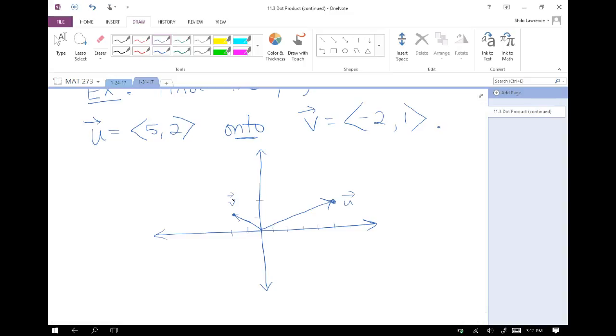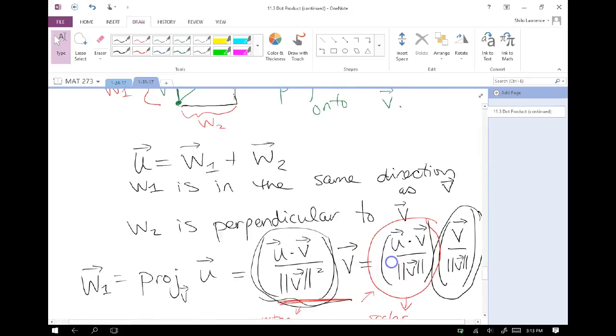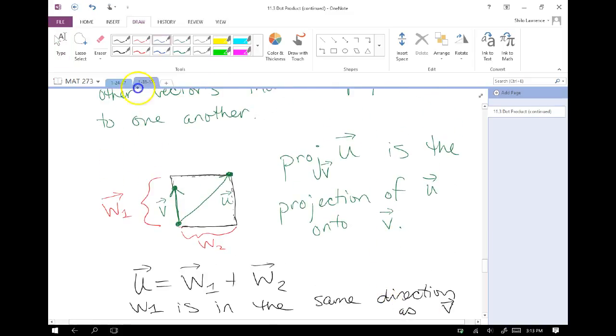So I want to make a rectangle with the help of V that has U as the diagonal. That's what we're trying to do. The problem is the angle between them is bigger than 90. It looks like it is. If you look at the picture we drew up here, when I connect my U to my V, it connects perpendicular.